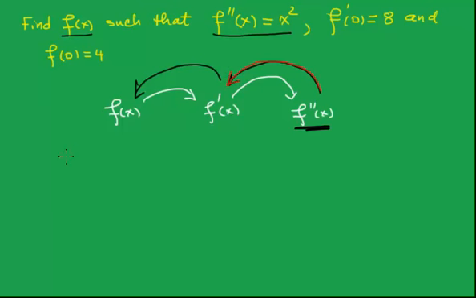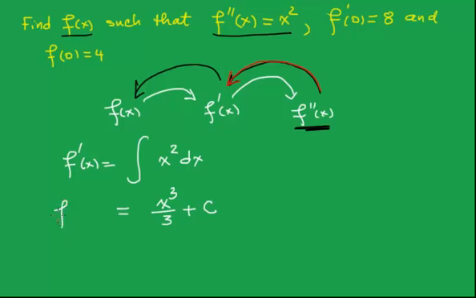So f prime of x is an antiderivative of f double prime, and f double prime here is x squared. That's what's given, and we know the antiderivative of x squared is x cubed over 3, and then plus the constant of integration.